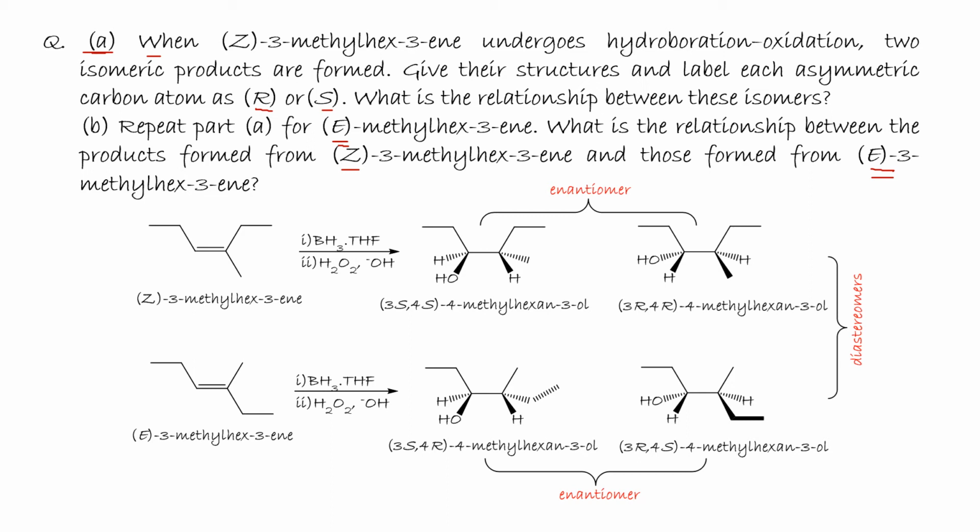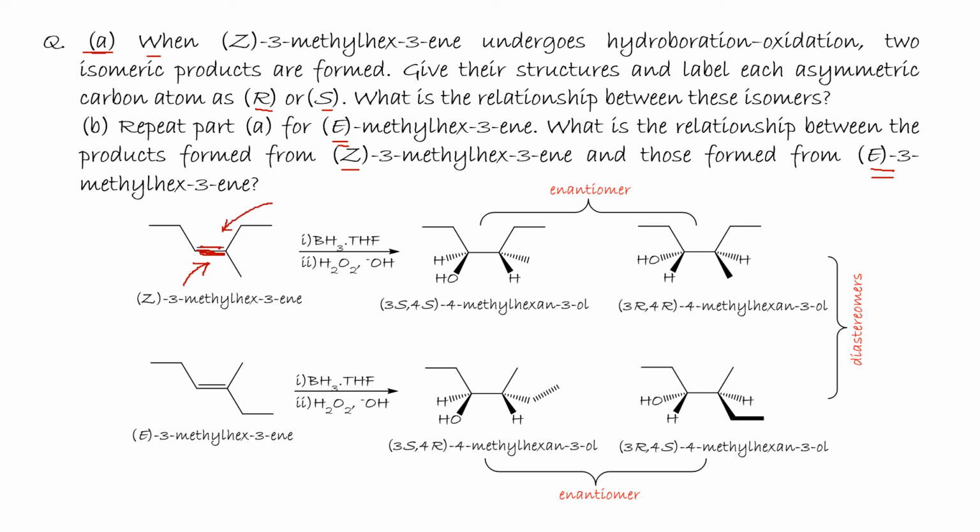In this example, I put the molecule in the plane of the screen. The pi bond will be perpendicular to that plane, and the boron will add either from front or from the back.